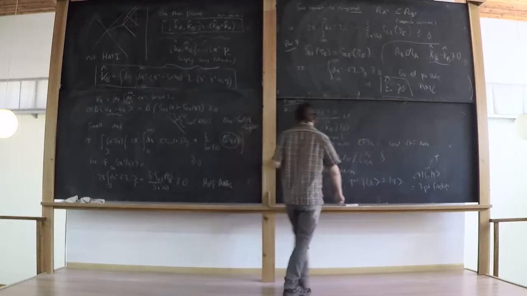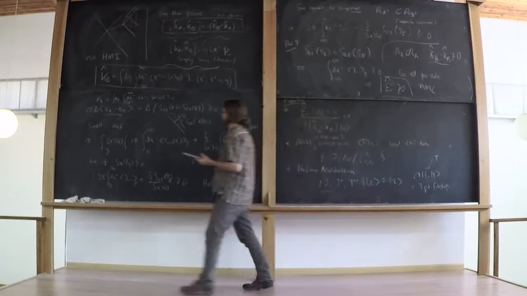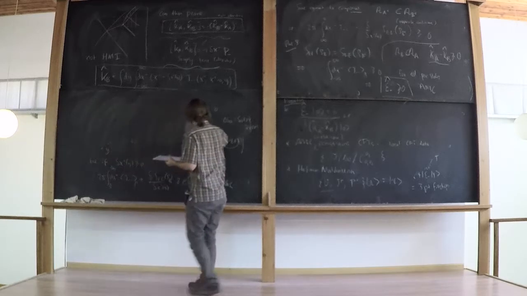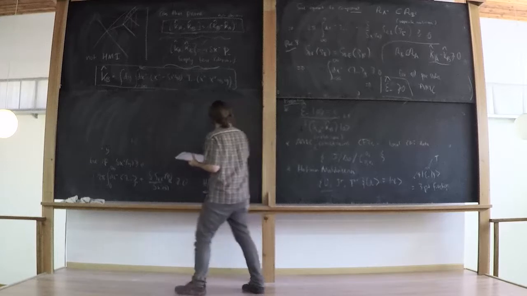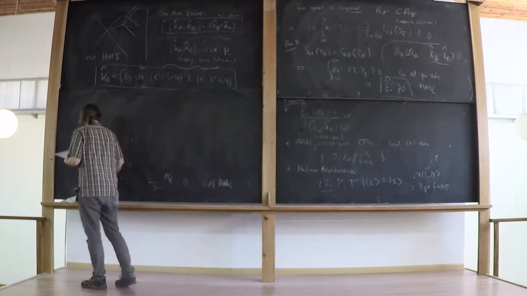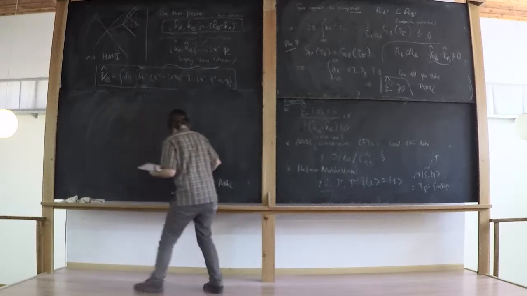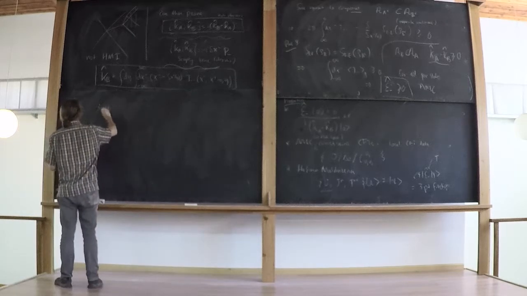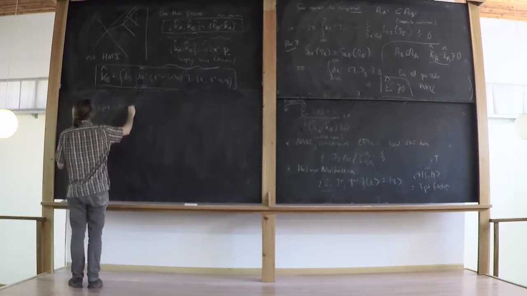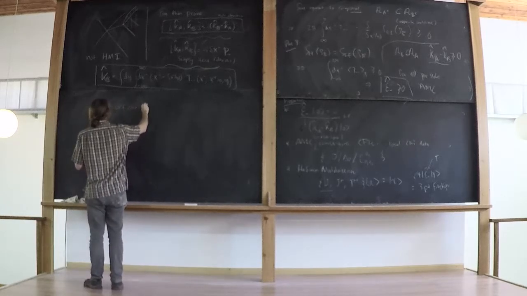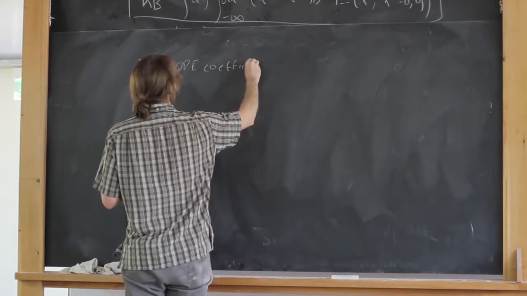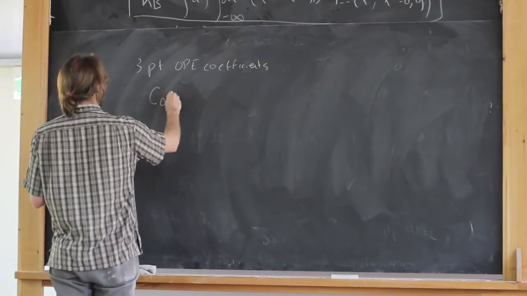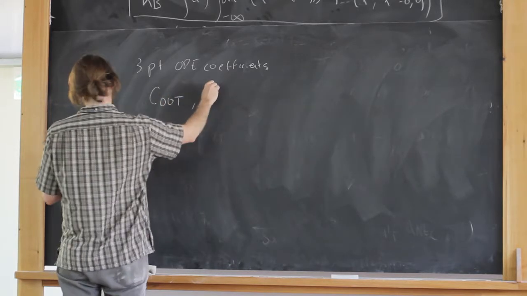So you get three-point functions, three-point OPE coefficients, this data. For example, you get C_OOT.